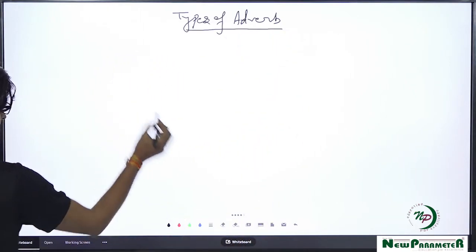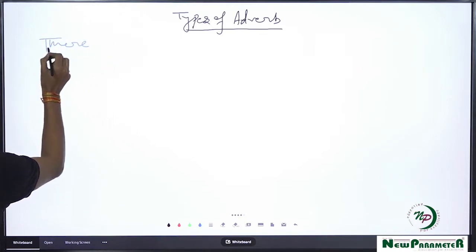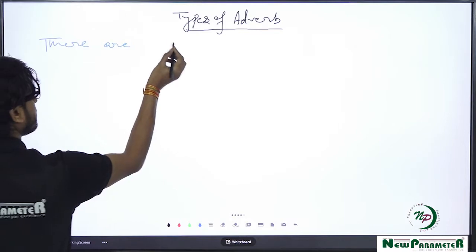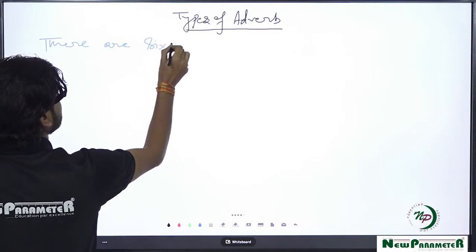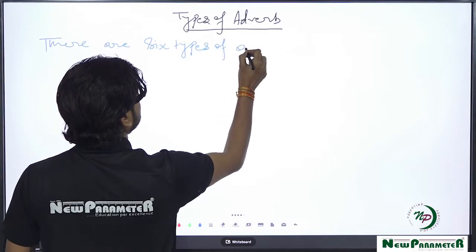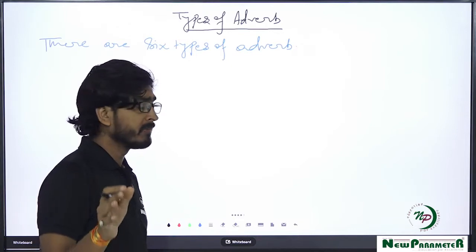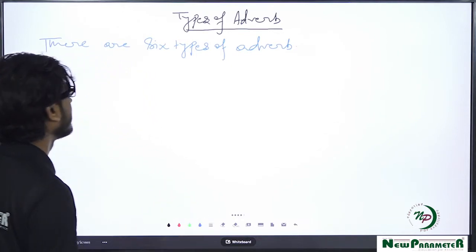So guys, there are 6 types of adverb. It is very easy to understand. Very easy. Now we'll see.